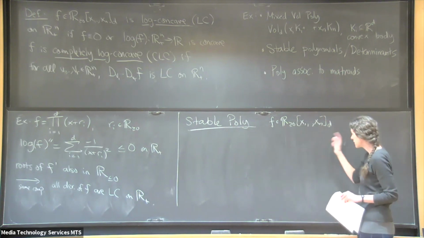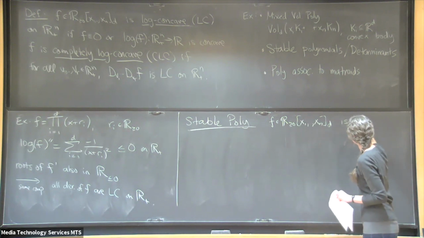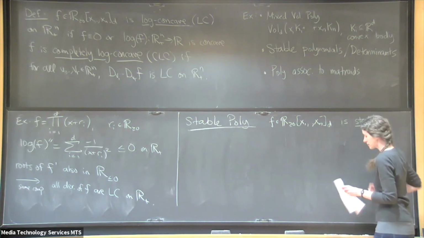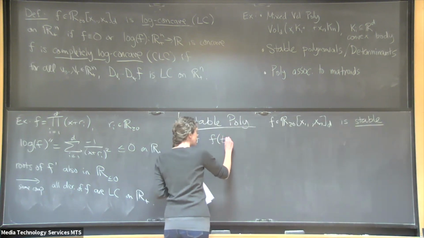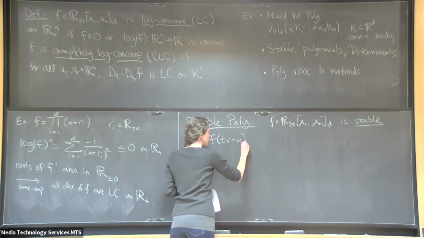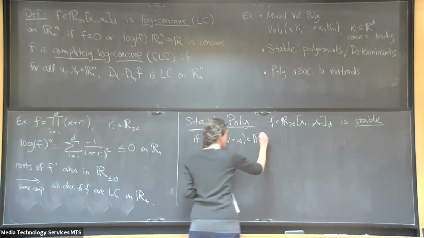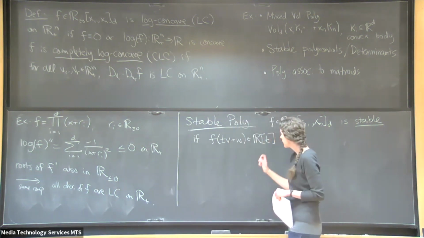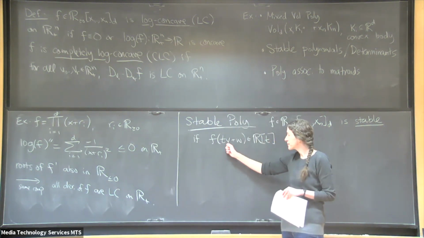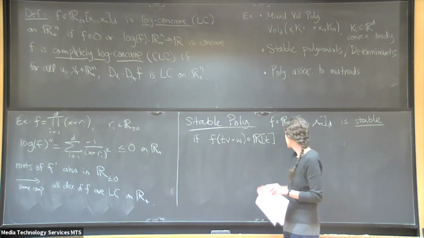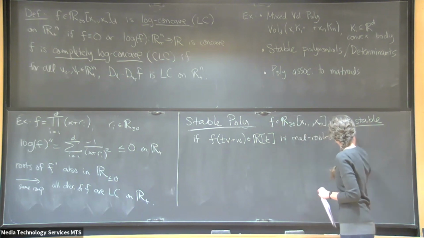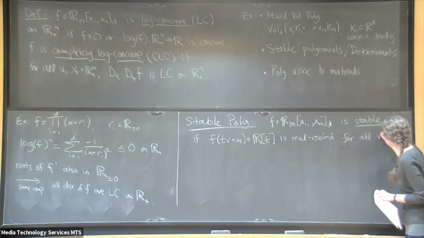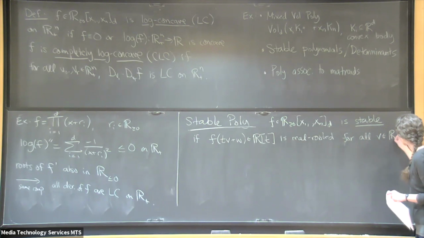So we'll say that a polynomial is stable whenever I restrict to a line. I'm going to ask that a large family of univariate restrictions are real-rooted, whenever the direction of my line, v, is in the positive orthant, and I can take it through any point.